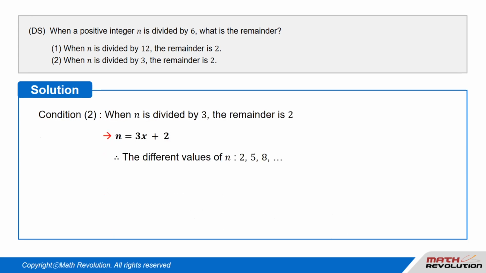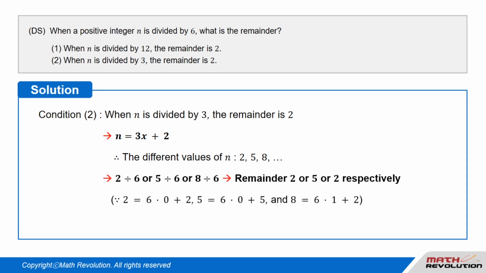Condition 2 tells us that when n is divided by 3, the remainder is 2. Thus, n equals 3 times x plus 2, and therefore, the different values of n are 2, 5, 8, etc. When 2 or 5 or 8 are divided by 6, the remainder will be 2, or 5, or 2 respectively, as 2 equals 6 times 0 plus 2, 5 equals 6 times 0 plus 5, and 8 equals 6 times 1 plus 2.